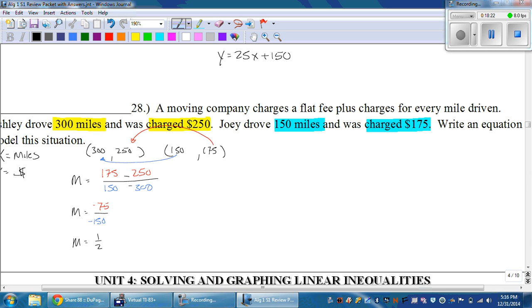Now, they're talking about what? They're talking about money, okay? So our slope here we would want to change to 0.50. Now, here's the thing. When you're doing this, there are 2 ways that we could do this.